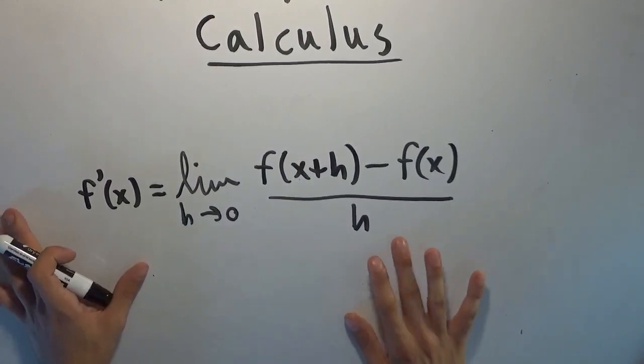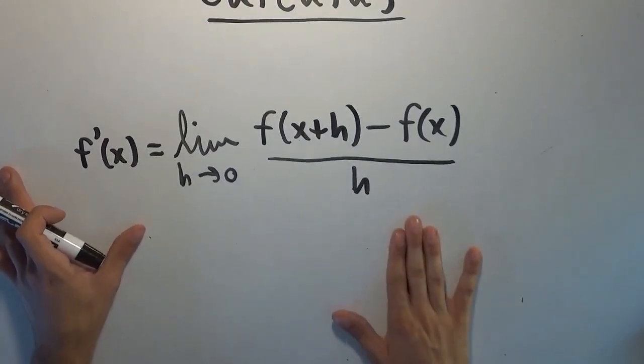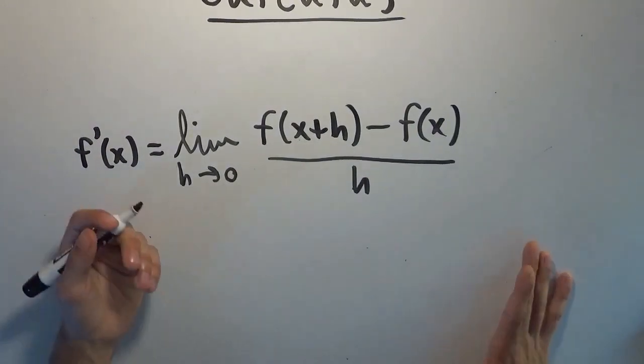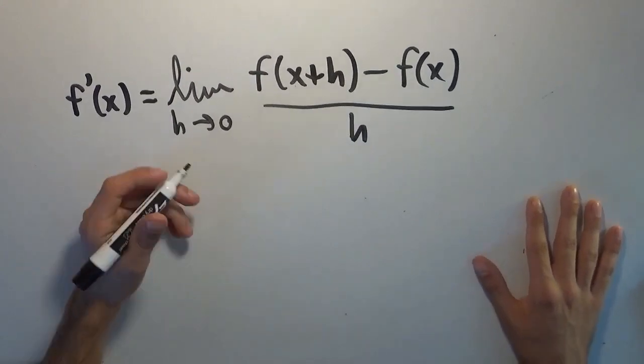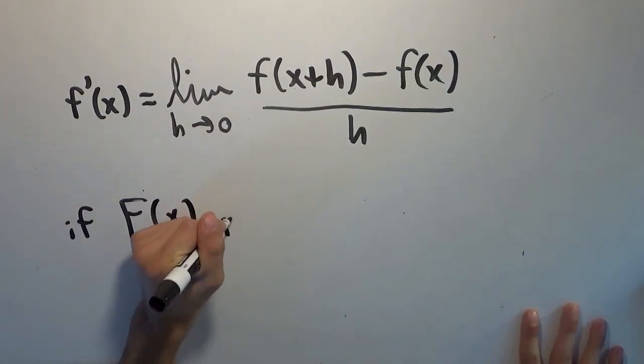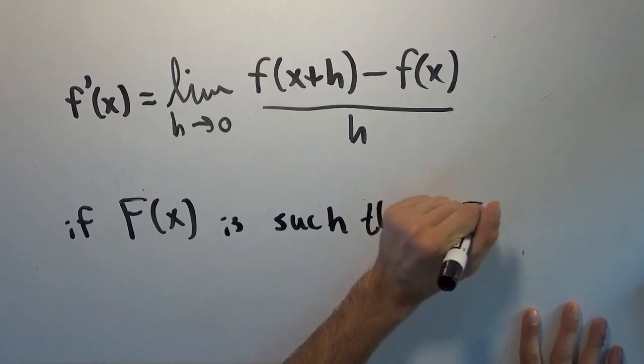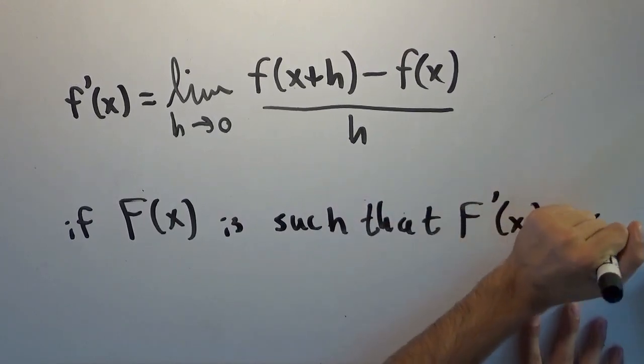And similarly, the inverse operation to this is called the antiderivative, or integral, depending on your persuasion or what exactly you're trying to find. It's usually written: capital F of x is such that the derivative of capital F is little f.